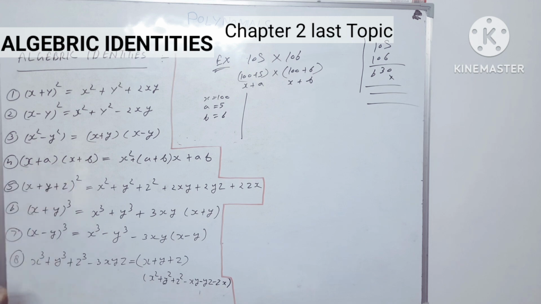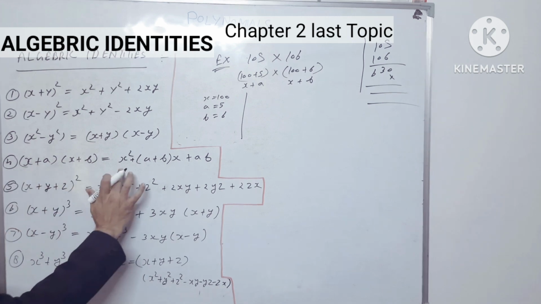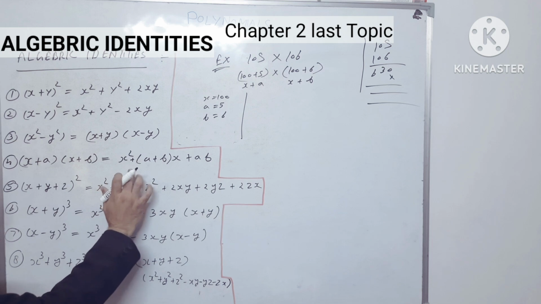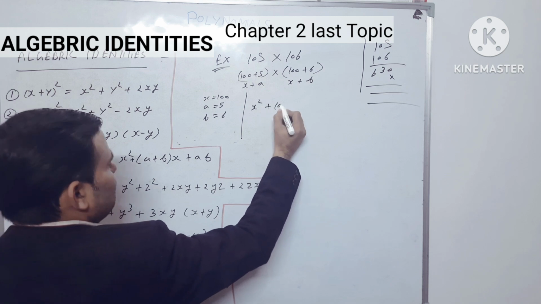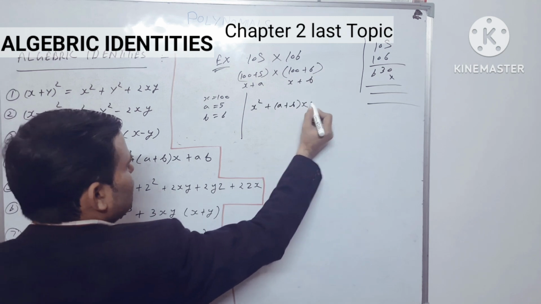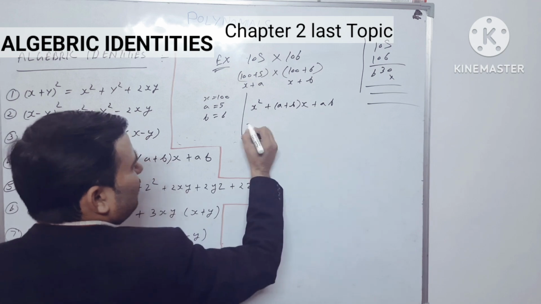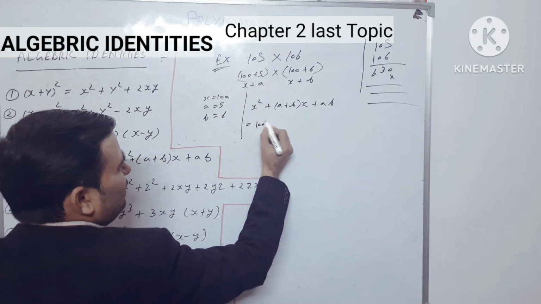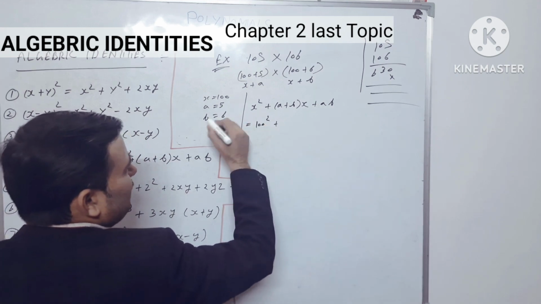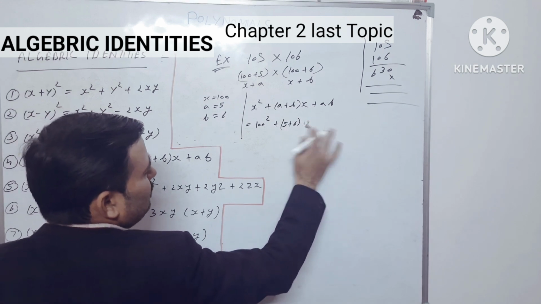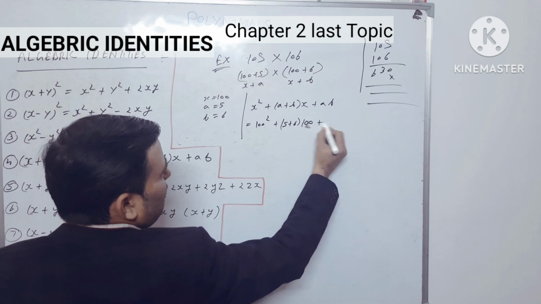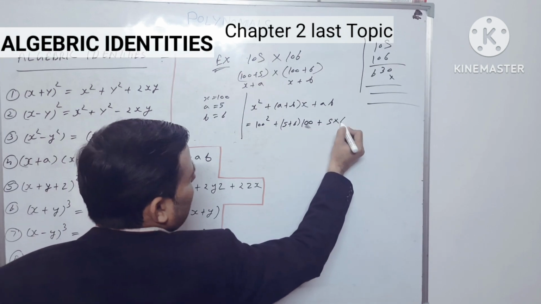So what value will we get? We put the values in this expression. Here we have x square plus (a plus b)x plus ab. x square is 100 square, a plus b is 5 plus 6, x is 100, and we multiply a and b.